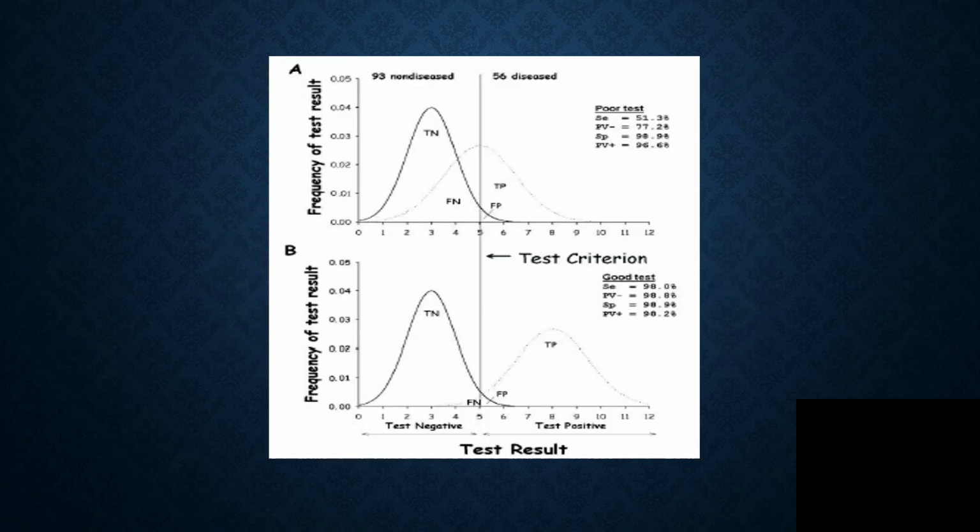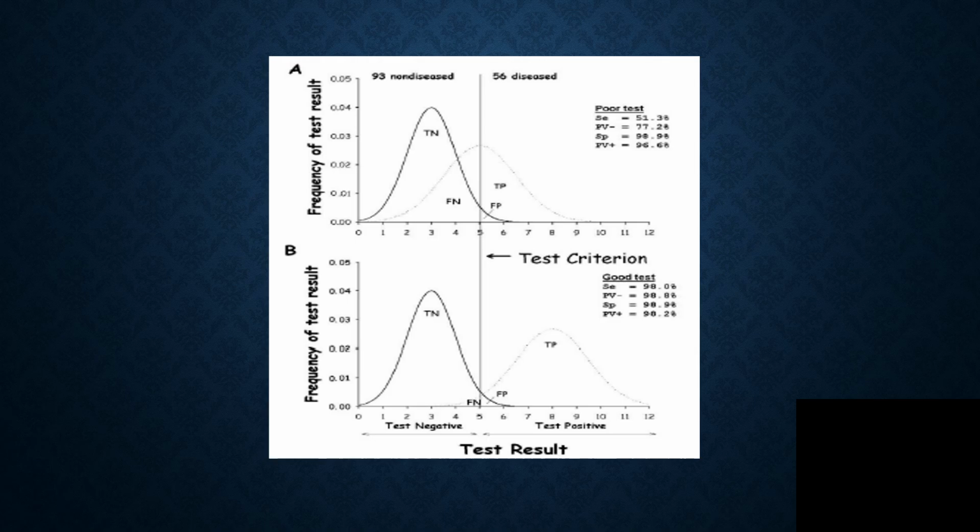And so here in this figure right here, we have 18.3a and 18.3b. I'll just mention real quick, 18.3a is going to be considered a poor test compared to figure B being a good test. And the reason why is because of your sensitivity value. The sensitivity value is going to be 51% when it comes to figure A, and figure B, your sensitivity is going to be 98%.